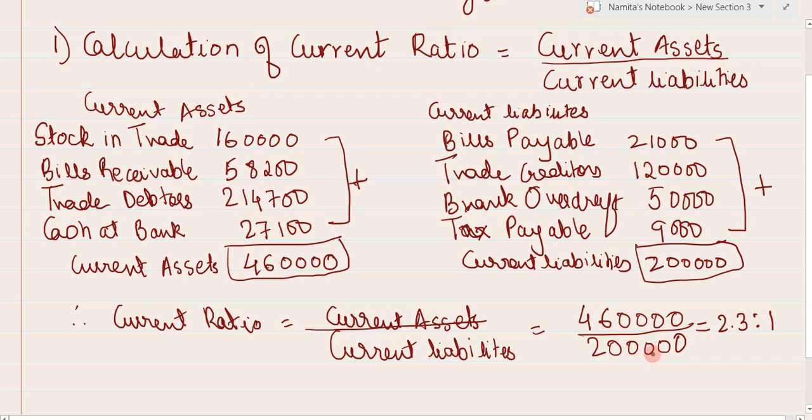This zero gets cancelled. 20 ones are 20, 2s are 40, then 3s are 46. Okay, so we get the current ratio as 2.3 is to 1.